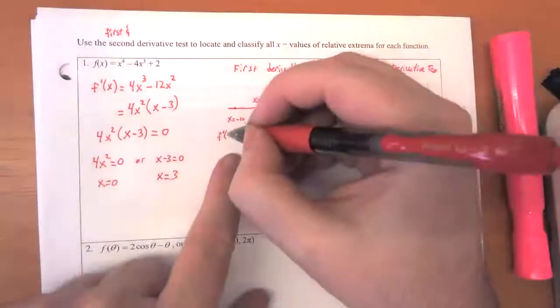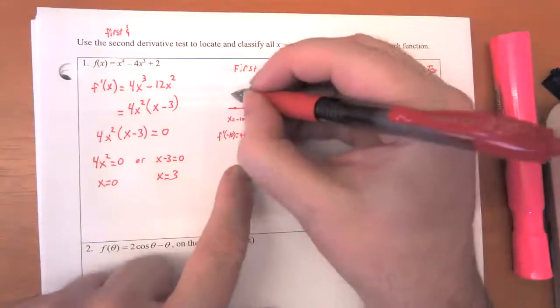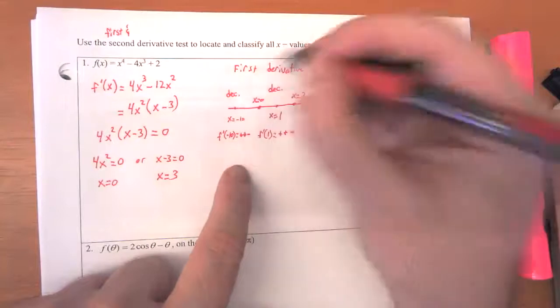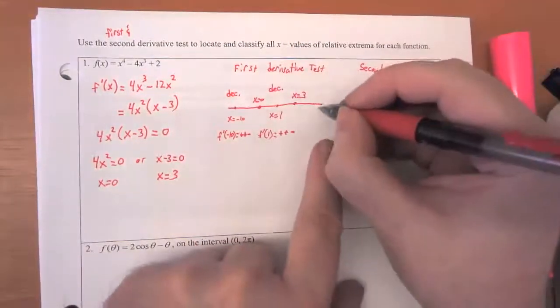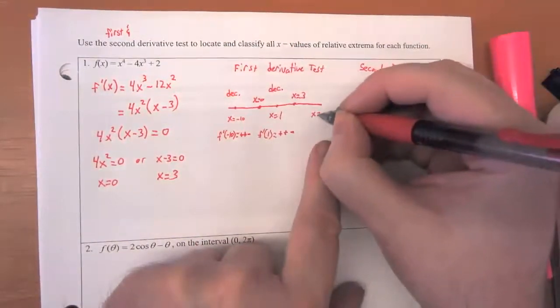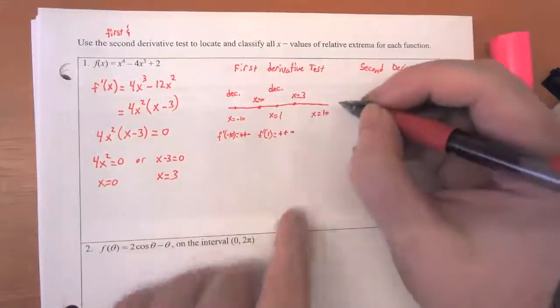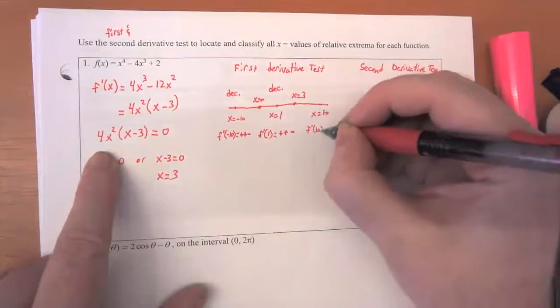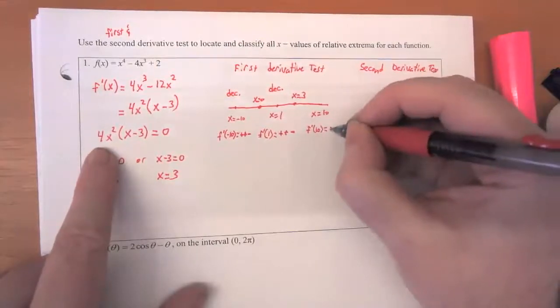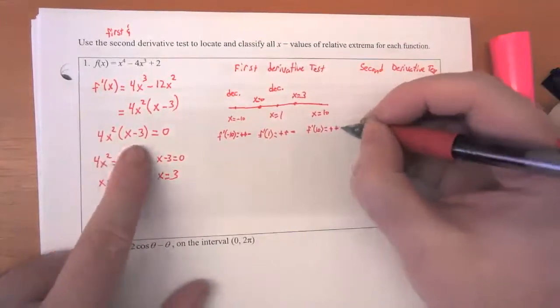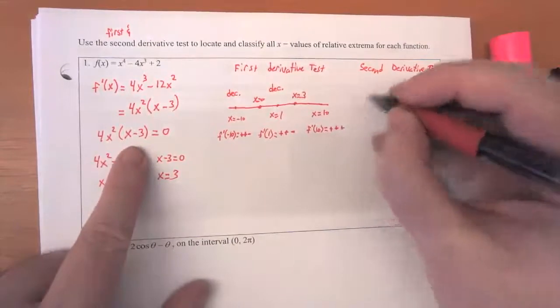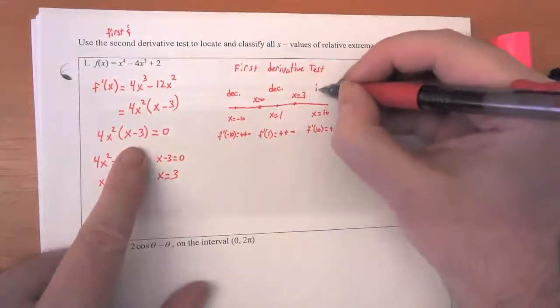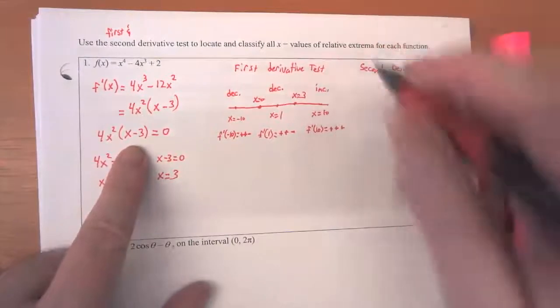Okay, so once again, positive times negative, this is decreasing. And then over here in this zone, I will take x equals positive 10 as my sample point. So f prime of 10 is equal to 4 times 10 squared times 10 minus 3. So over this zone, it's increasing.